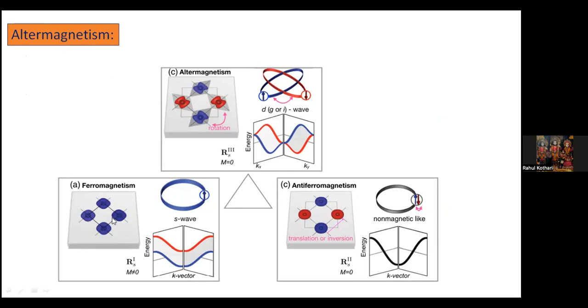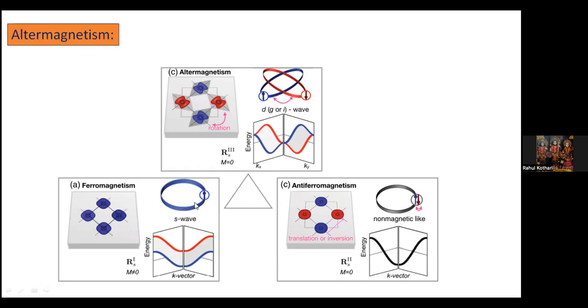So first, if you look at the ferromagnetism diagram, these four things are a very symmetric structure. That means if you consider there are four different atomic sites, the atomic spin arrangements are of equal order or of equal size. That is why it is represented in a single color. Okay, this is the energy momentum diagram, with the k vector, and this is the superconductivity representation.